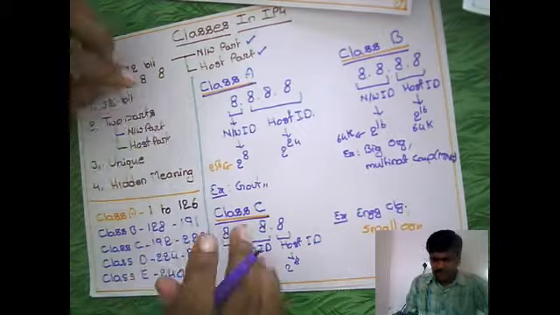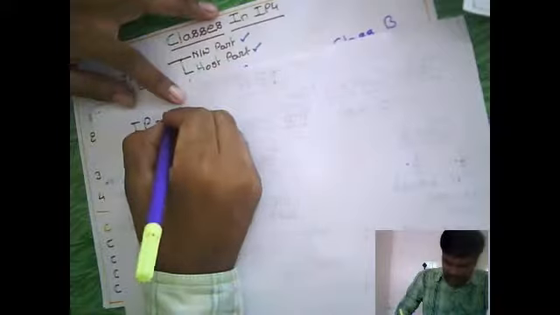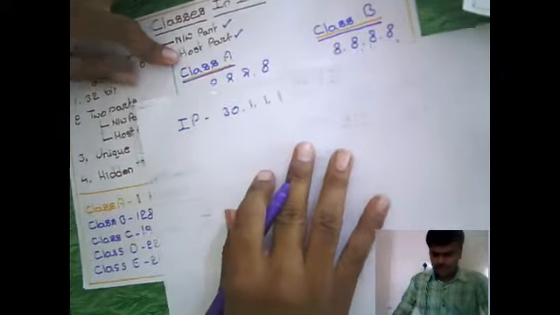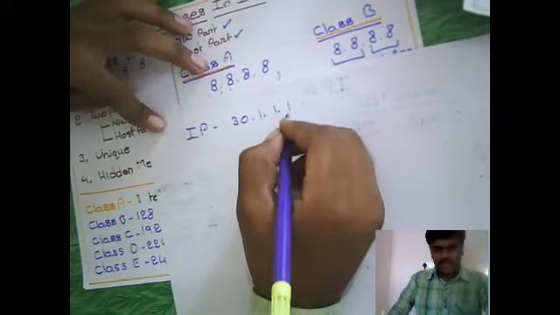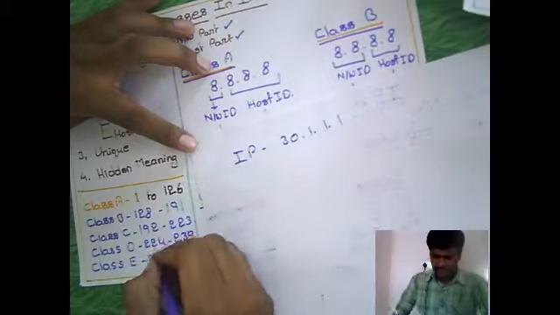So just take one example here. Suppose I have an IP address 30.1.1.1. Which class does this IP address belong to? By using these ranges you can say that.